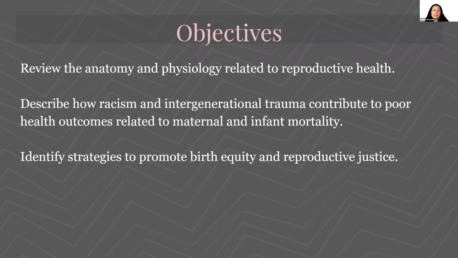And so as we go through this, we're going to follow the timeline between conception and pregnancy and labor and delivery, and then the postpartum period, which is actually very dangerous. And as we go through this, think of how stress impacts any of this.